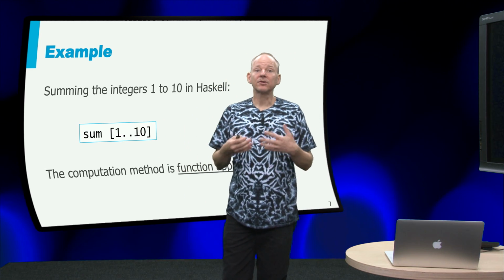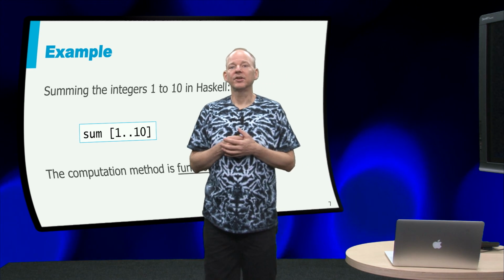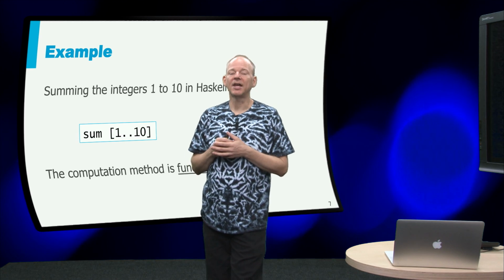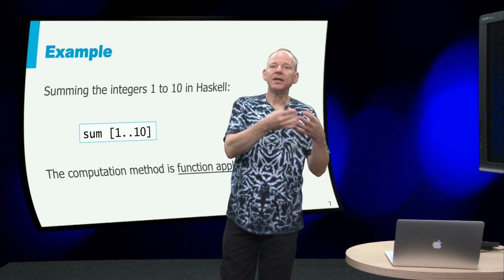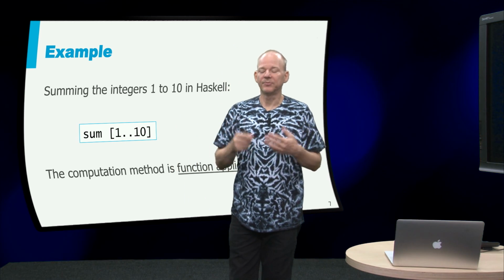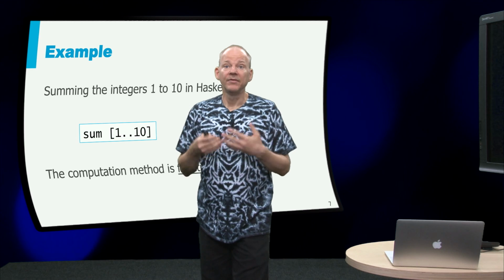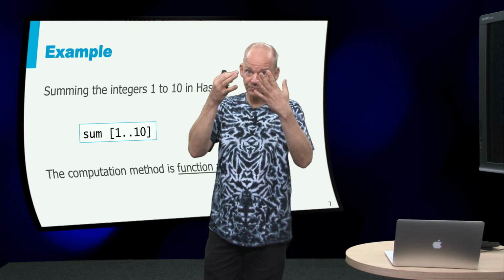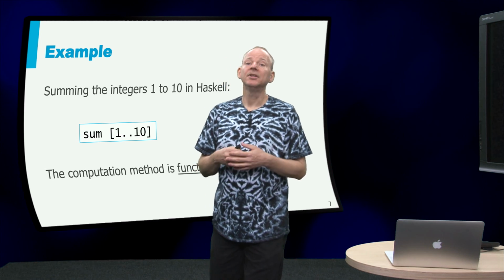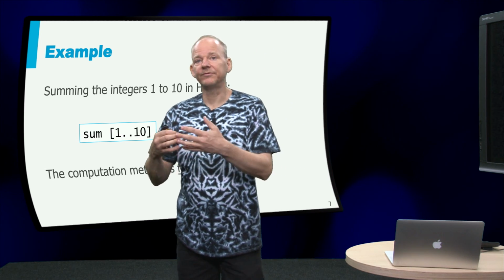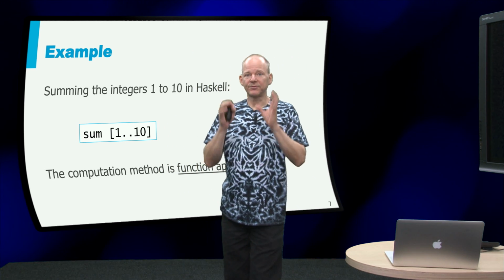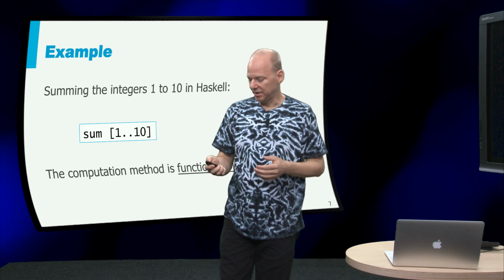So here you see that we're composing the code by having an expression, one that creates this list from 1 to 10, and then we apply that value to a function sum that will sum things up for us. Now in Java 8, you can write the same code using Java 8 streams. We will dive deeper into Java 8 in a future lesson, but for now, here is the way we do this in Haskell.